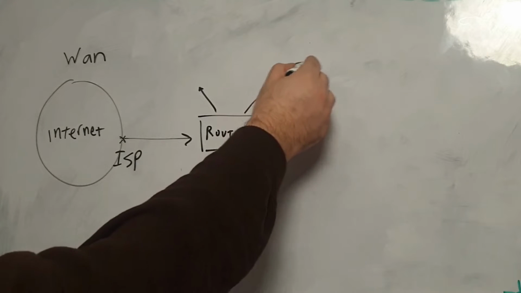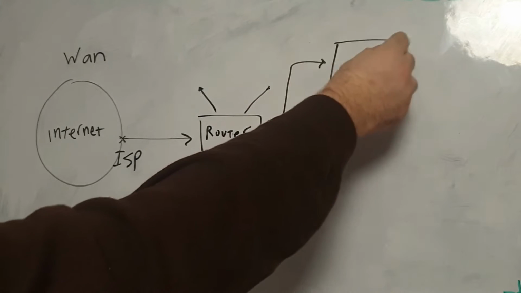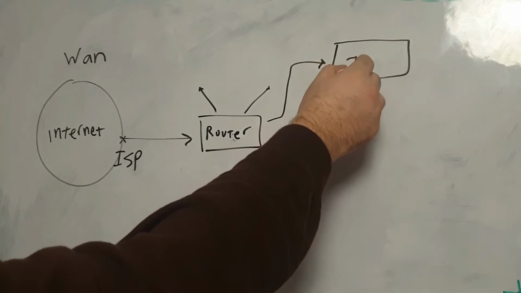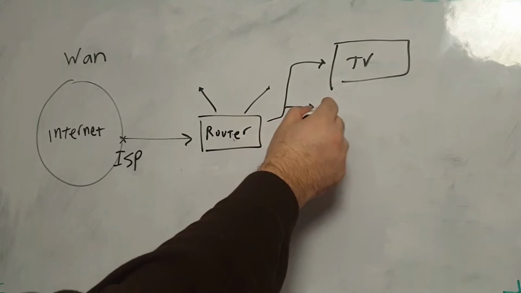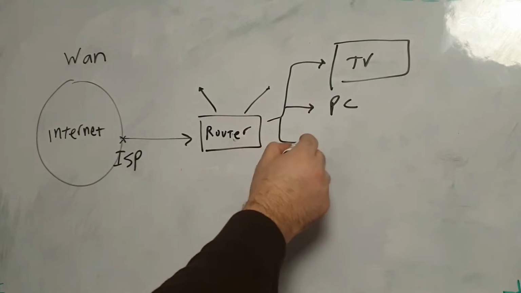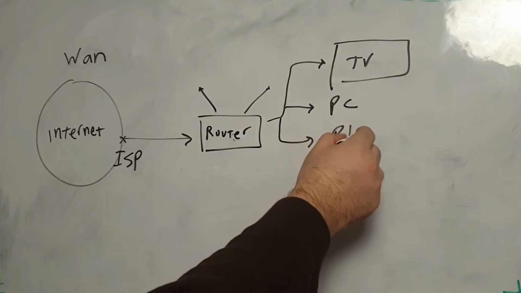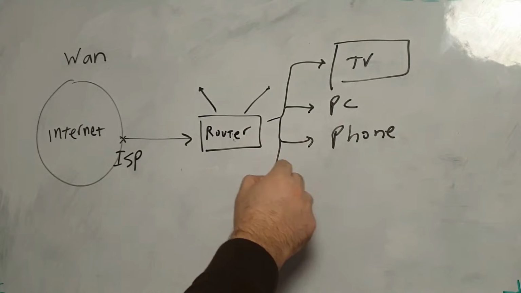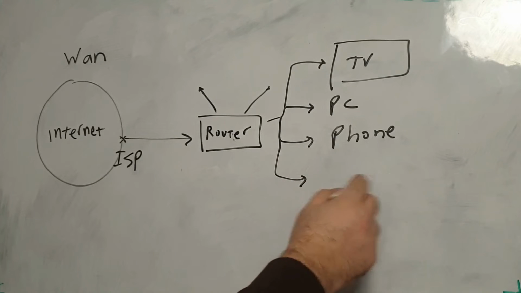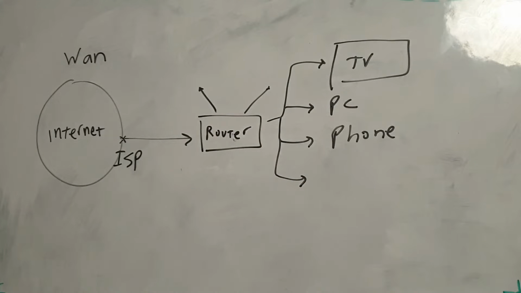Let's say, for example, you have your smart TV, you will have your PC, you might have your mobile phone, and then any other devices that are using internet. Tonight here we want to show you the LAN system within our office.